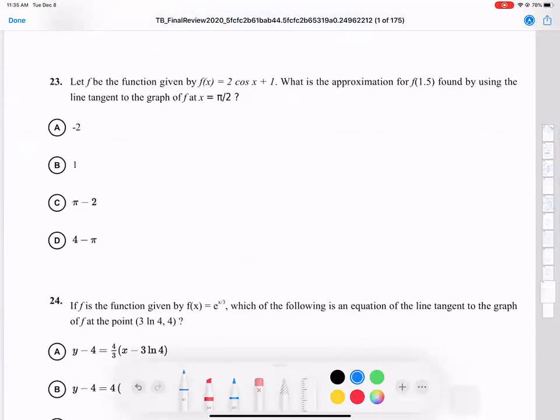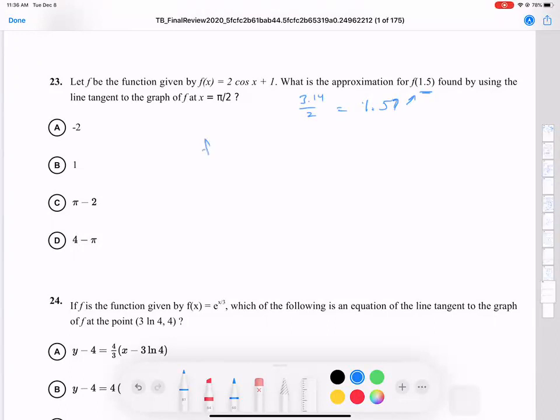Let f be the function; approximate this value found by using the tangent line at pi over 2. Okay, great. Pi over 2 is 3.14 divided by 2, which is 1.57. So that's what they're going to approximate, 1.57 to 1.5. Okay.